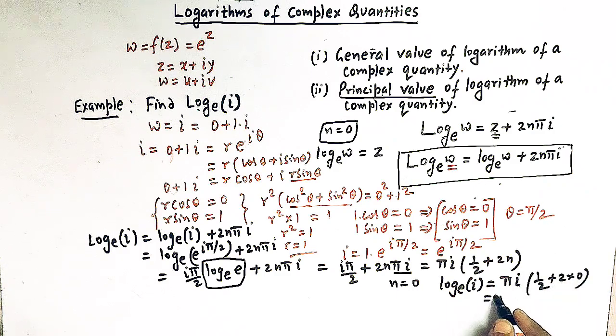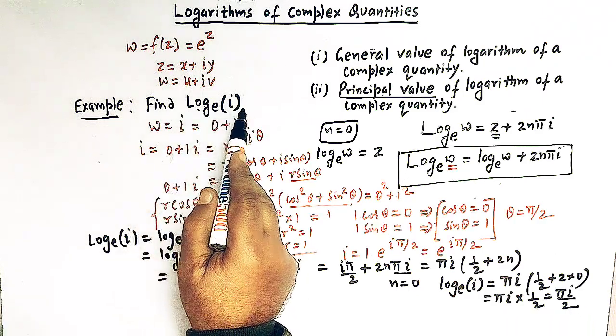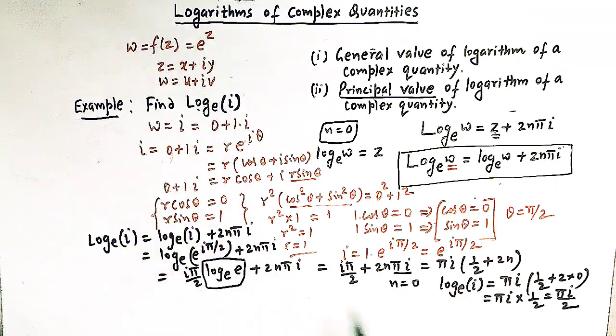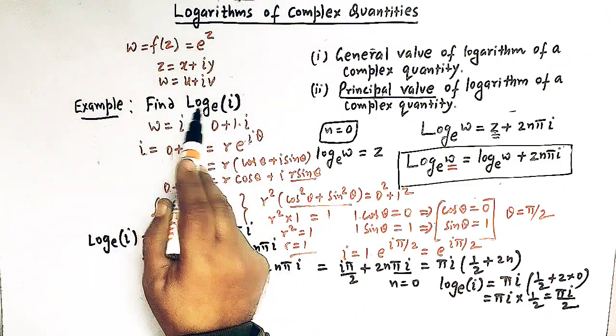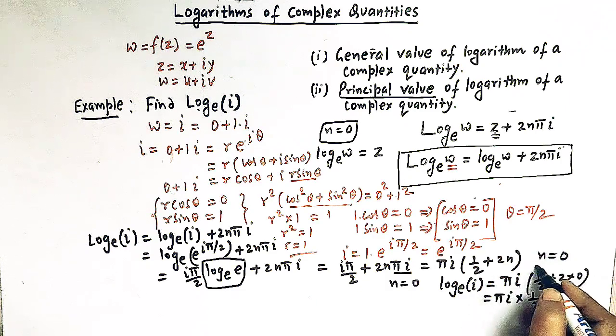So we have πi times, this is 0, so we have simply half, and this is πi over 2. So viewers, the general value of the logarithm of iota is given by πi times half plus 2n, and the principal value of the logarithm of iota is given by πi over 2, corresponding to n equal to 0.